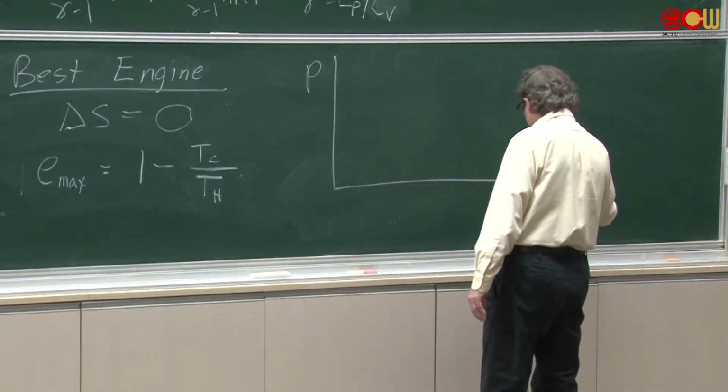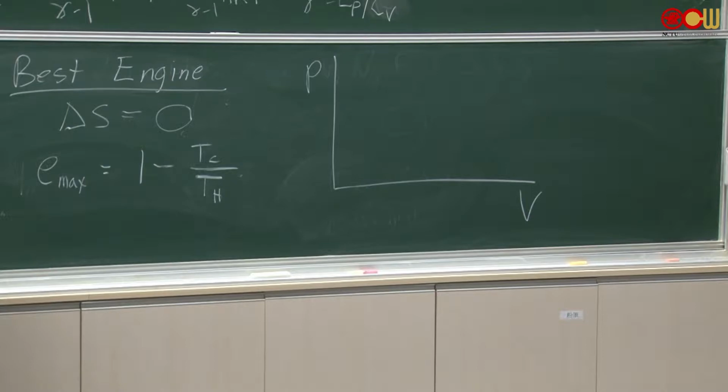All right. There are 4 steps. You take your system around. So the first thing you do is an isothermal expansion. So you expand it isothermally.